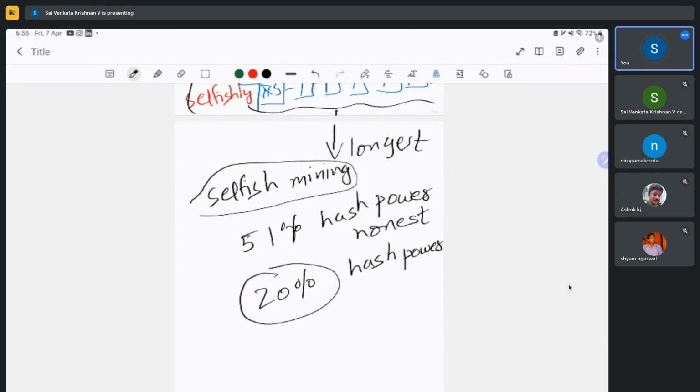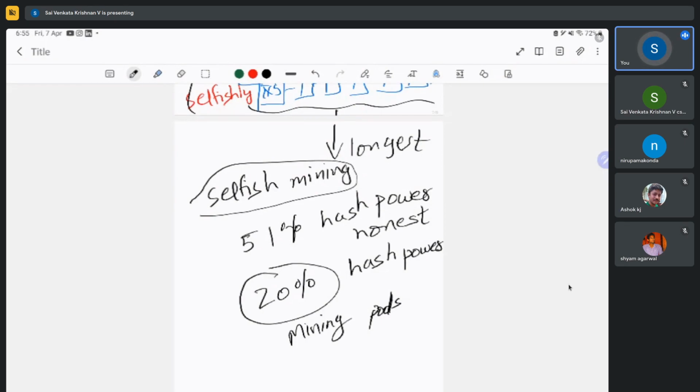which is easily achievable in the current computational resource availability scenario. This 20% hash power is easy to achieve because, take the example of mining pools where you rent out your computational resources, a group of miners come together and form a mining pool.